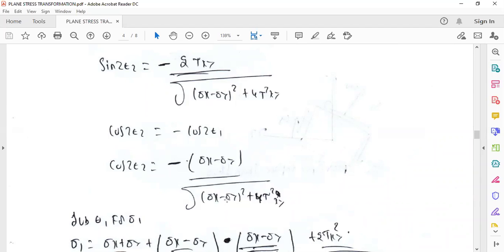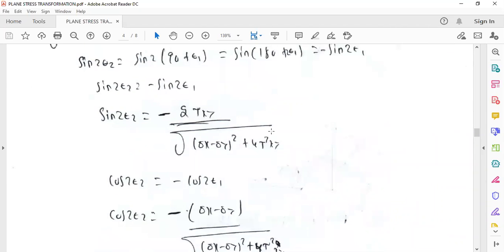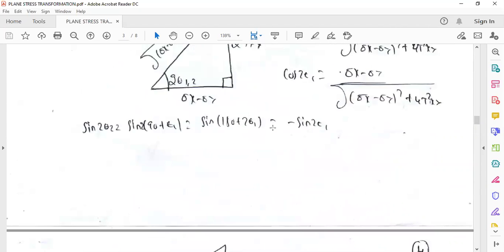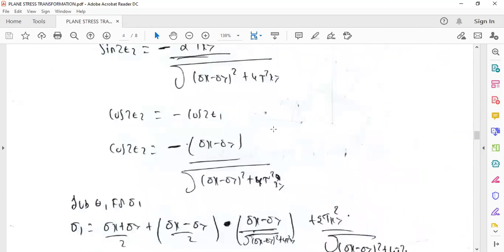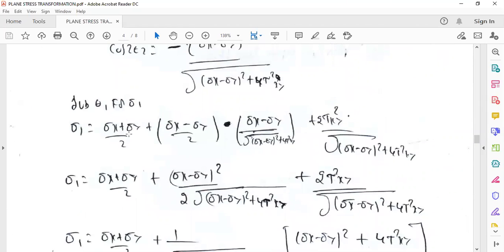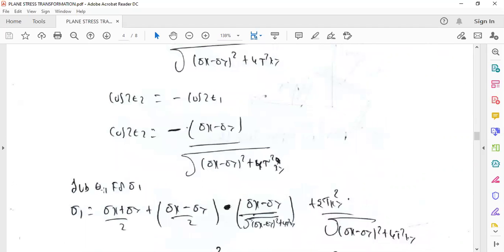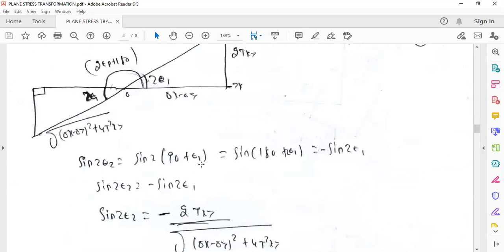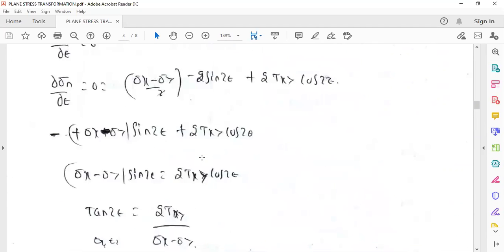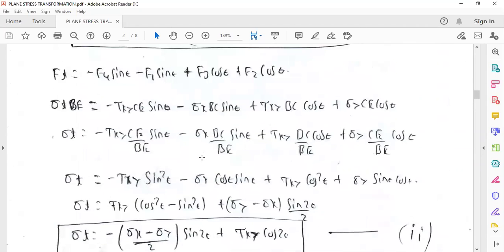We need to substitute this now in the sigma n term. If I substitute the sin 2 theta 1 term and cos 2 theta 1 term in sigma n, sigma 1 will be given by substituting theta p1, or theta 1, for sigma 1. That is this sigma n expression.